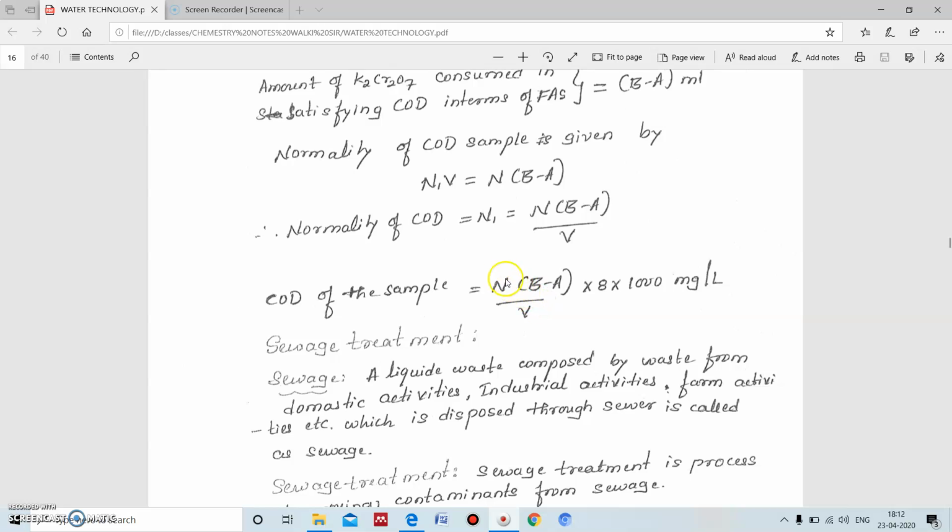Therefore, normality of COD N1 = N × (B − A) / V. Therefore, COD of the sample = N × (B − A) / V × 8 × 1000 milligram per liter, where 8 is the equivalent weight of oxygen.